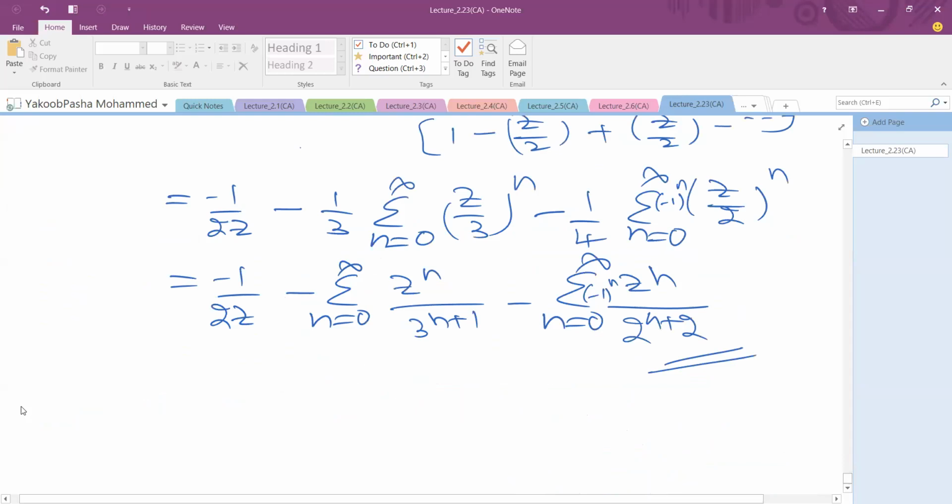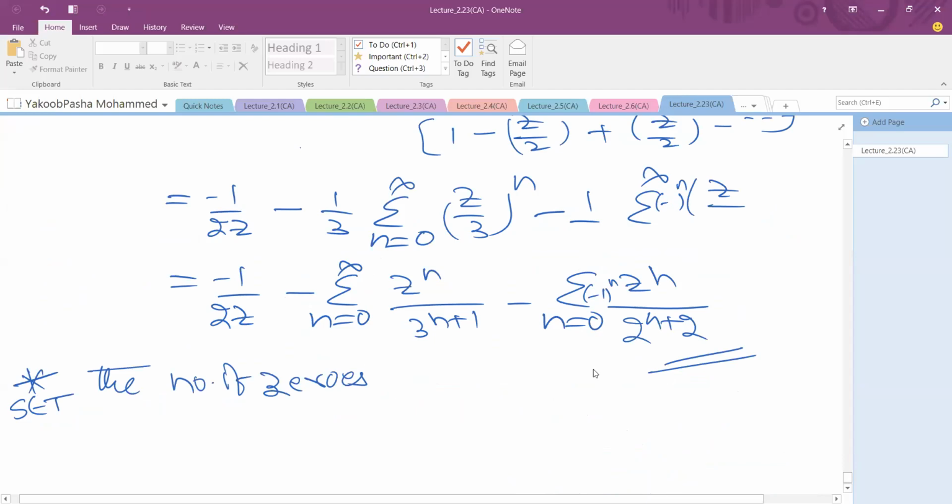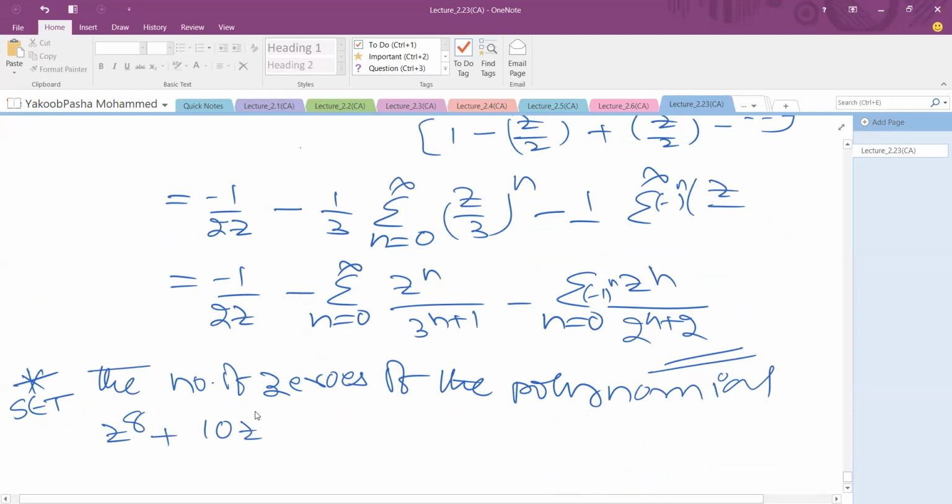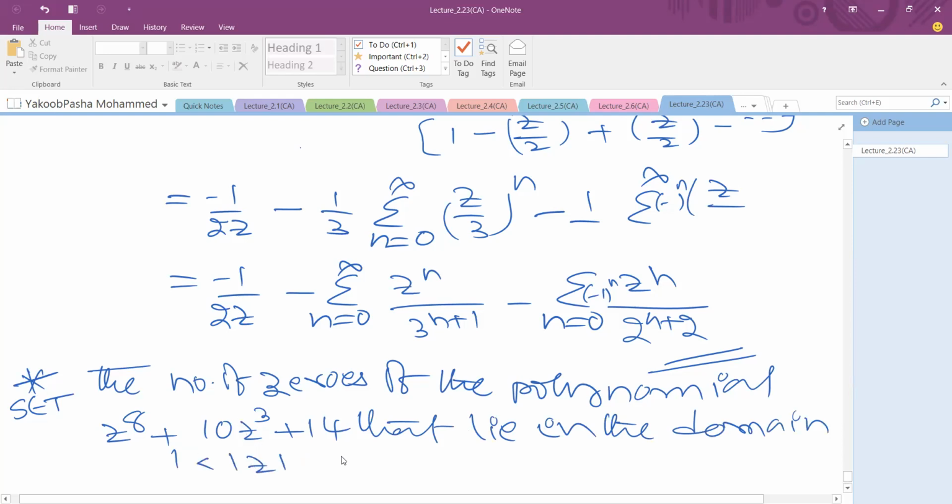The number of zeros of the polynomial z power 8 plus 10z power 3 plus 14 that lie in the domain 1 less than modulus of z less than 2.